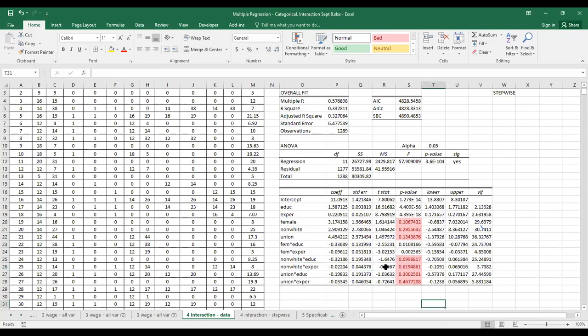Also, it has the lowest absolute value ng t-stats. Compared to the others, ito 1.6, 1.0, 1.4, 1.6 din, 1.03, 0.72. Ito yung pinakamaliit na t-stat, which is pinakamalaking p-value. So, ibig sabihin yan, tatanggalin muna natin ito, si non-white times experience.